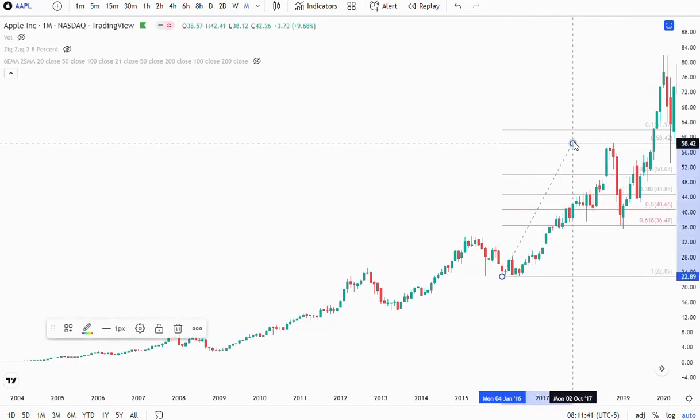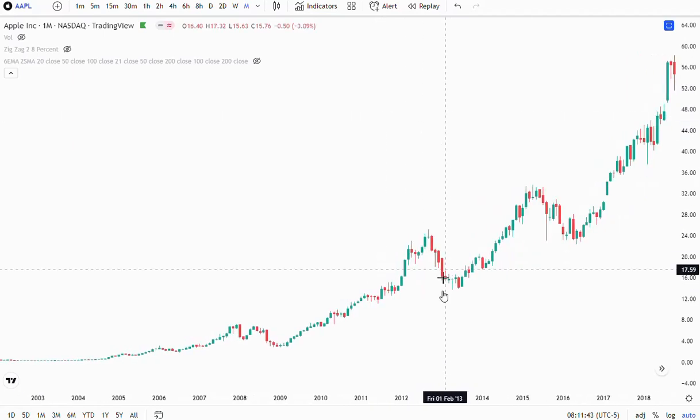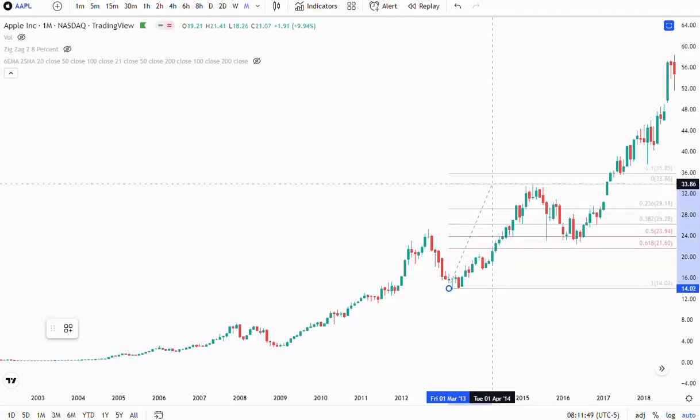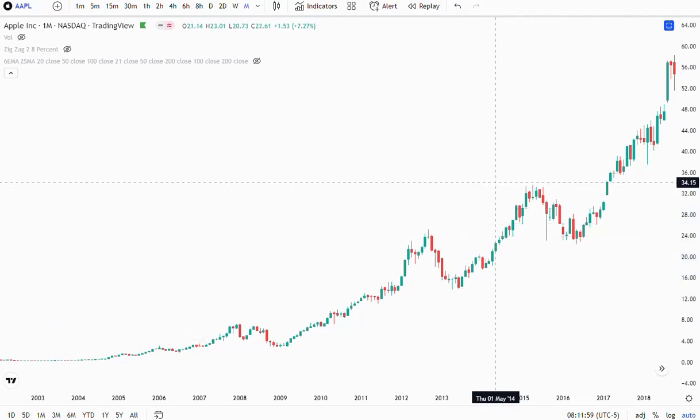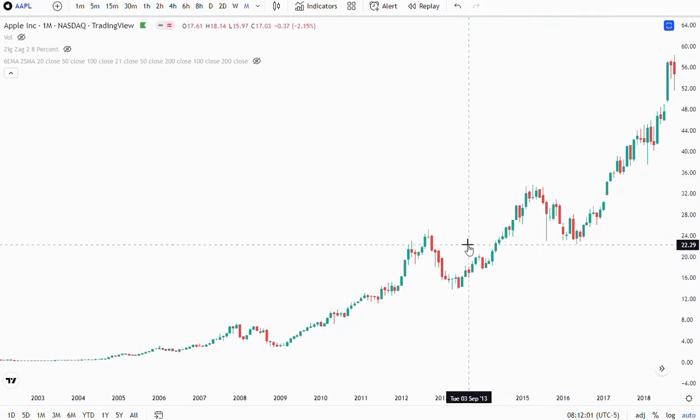If I did the same to here, there was a move and there's a correction. If I draw a fib of this move, I see that it corrected at least 50% of the move. It fell a little bit more than 50%.